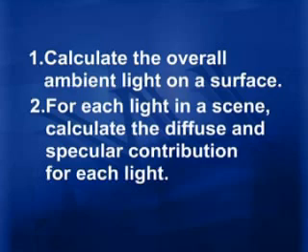The second step would be that for each light in a scene, calculate the diffuse and specular contributions for each light. So for any and every light that is there in the scene, calculate these two. And this is when we said that we will be grouping them together, the specular and the diffuse lights.